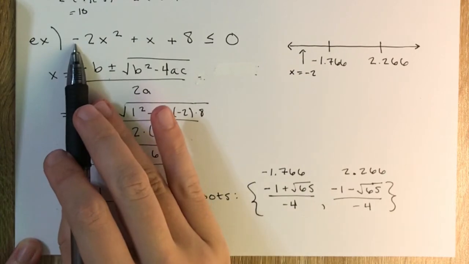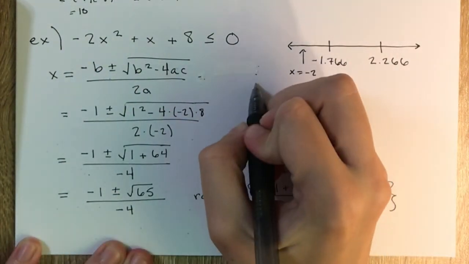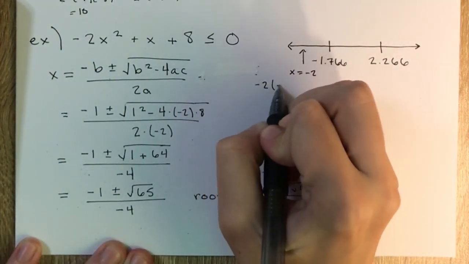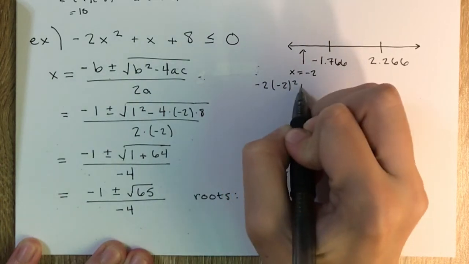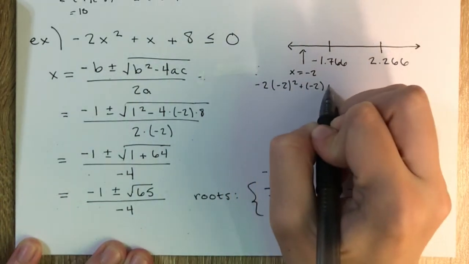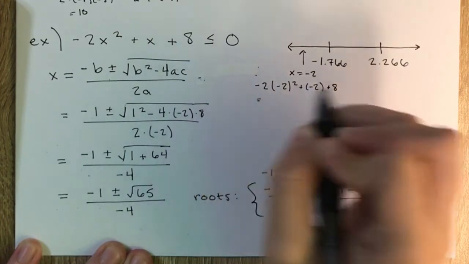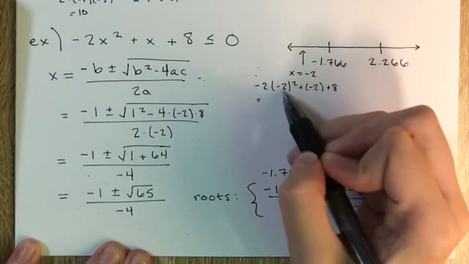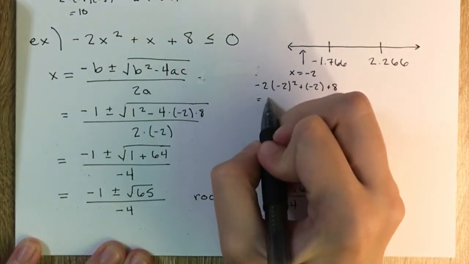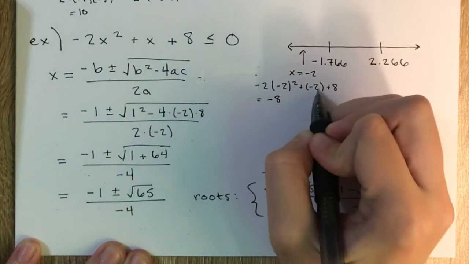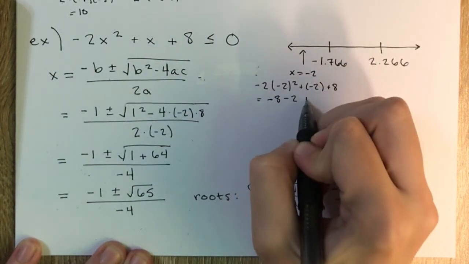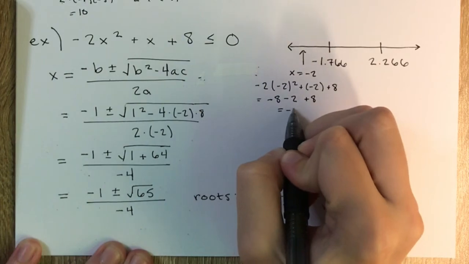So we have negative 2 times negative 2 squared plus negative 2 plus 8. Negative 2 times negative 2 squared is negative 8, so we have negative 8 minus 2 plus 8. So we end up with negative 2.